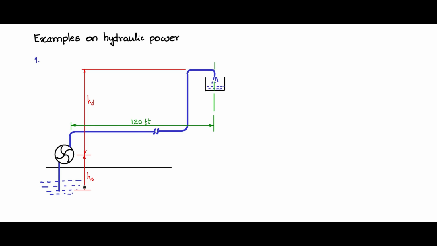Now let us say this height, the suction head pump height, is around 6 feet deep into the sump tank, and then going up close to 2 floors would be 20 feet delivery head. Now let us talk about the pipe diameter.